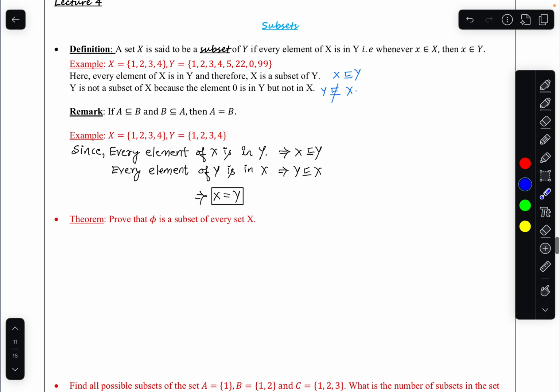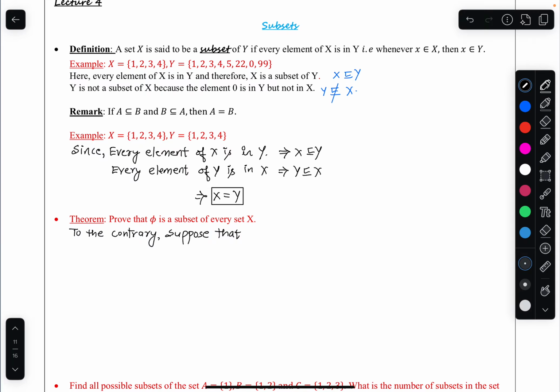I'll start by assuming, by contradiction, to the contrary, that there is some set, let's say A, for which phi is not a subset of A.